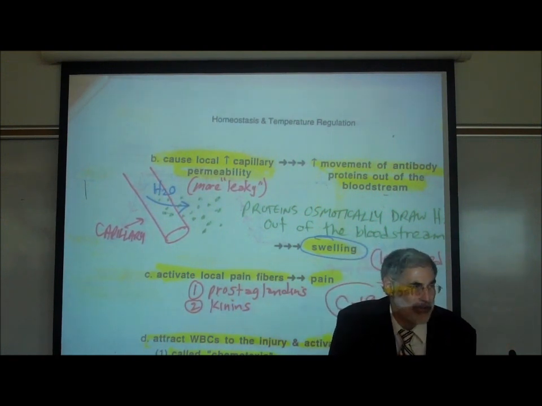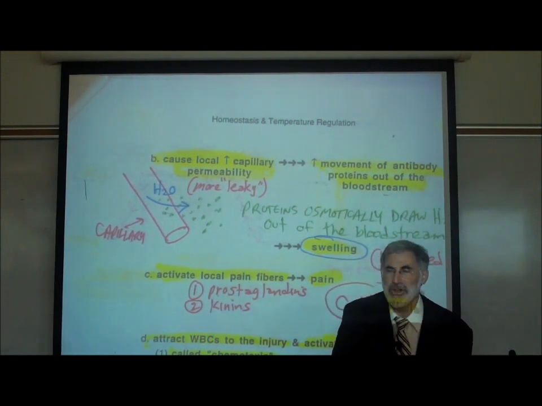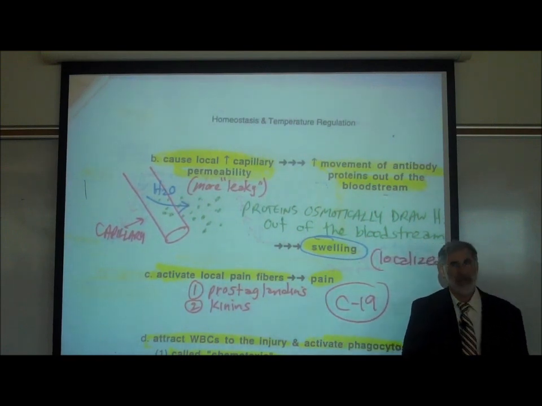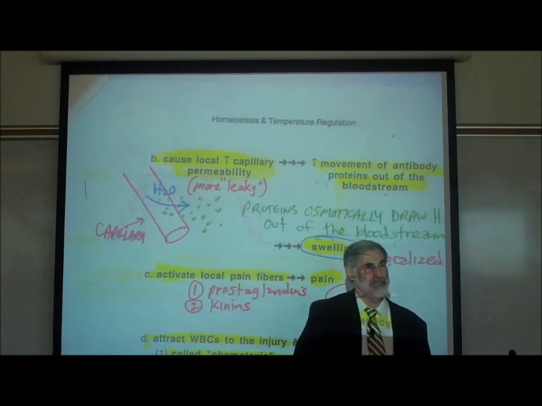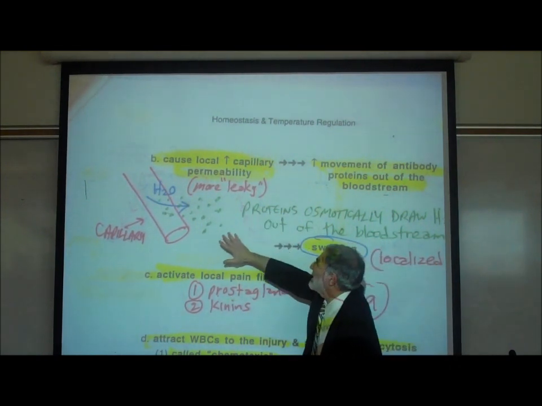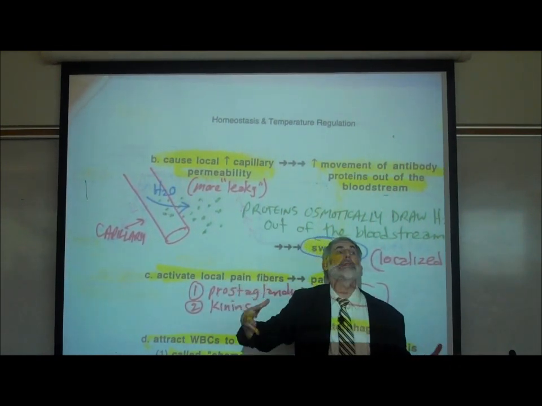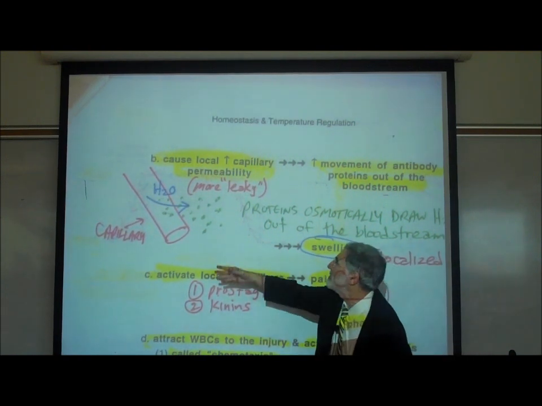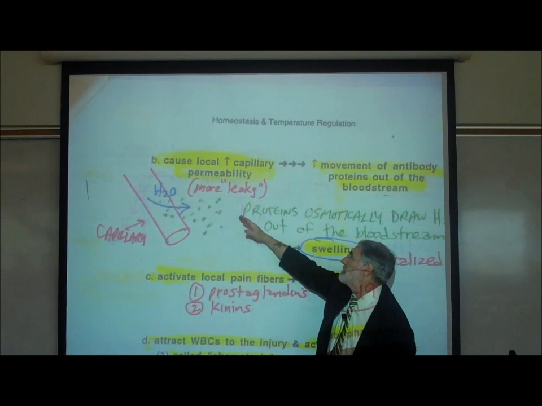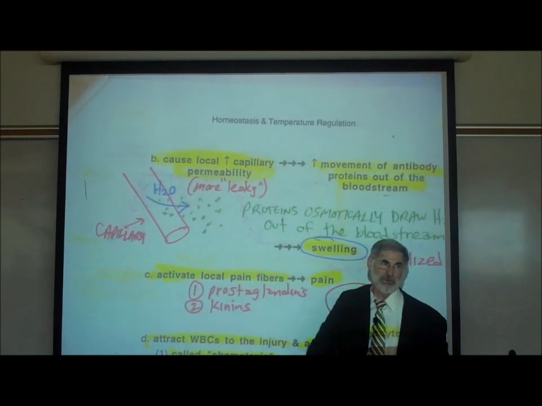Are there proteins circulating in the bloodstream? Yeah, they're called plasma proteins. So proteins normally that are in our bloodstream can't get out. These chemicals make the wall of the vessel more leaky, allowing these circulating proteins in the bloodstream to start to go out of the bloodstream into the injured tissue.